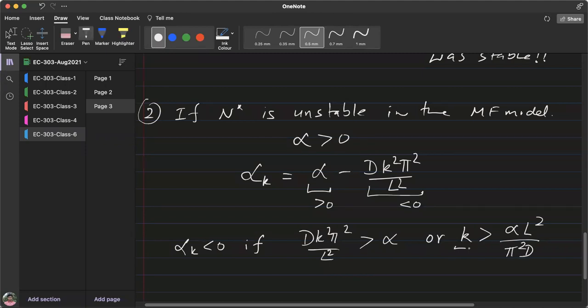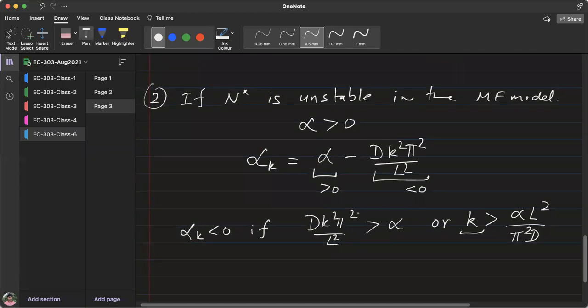So which means that there are certain wavelengths of perturbation. Larger k means a lower wavelength. So for certain wavelengths, it is actually possible that an unstable equilibrium would still be stable, right?